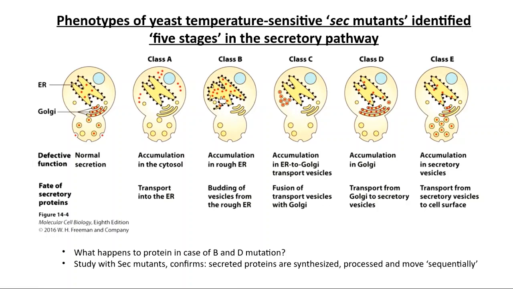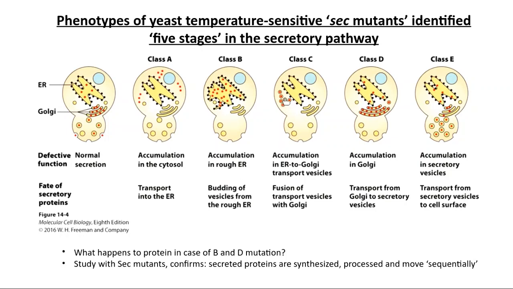In the class C mutant, the proteins get accumulated in the vesicles which bud off from the ER and then stay there. In the normal scenario, they were supposed to go to the Golgi and get fused. But in sec C mutants, in this kind of mutant, they stay in these vesicles.